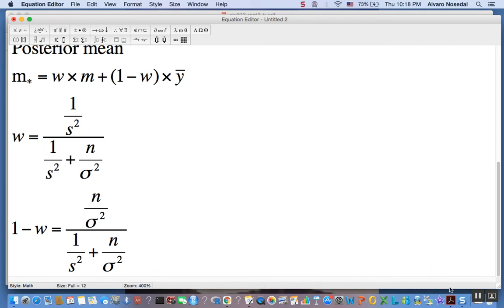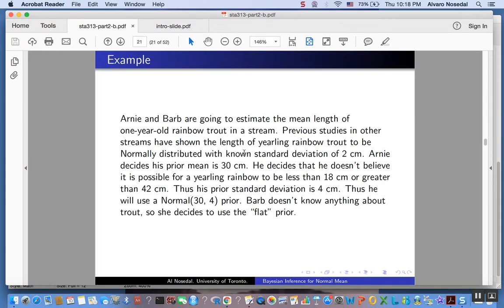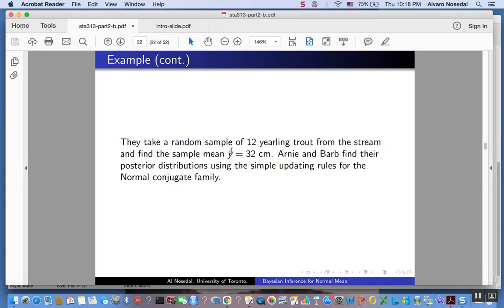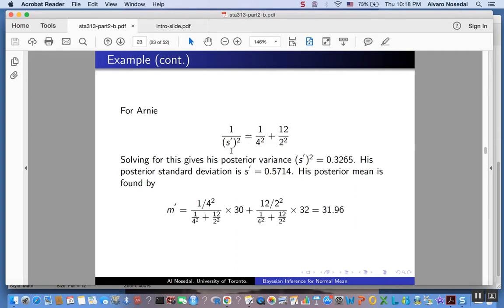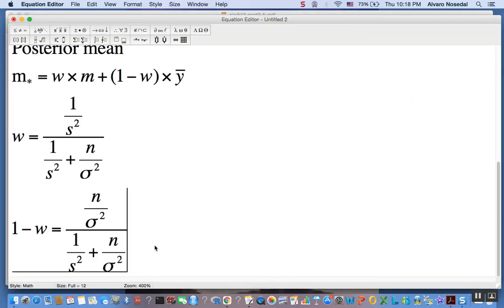So turns out that in the case of Arnie, the posterior mean is 31.96 and the posterior variance is 0.3265. So let's just copy that.